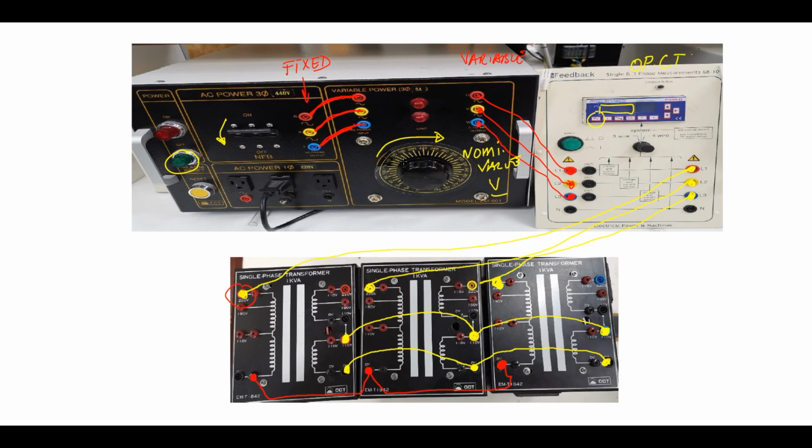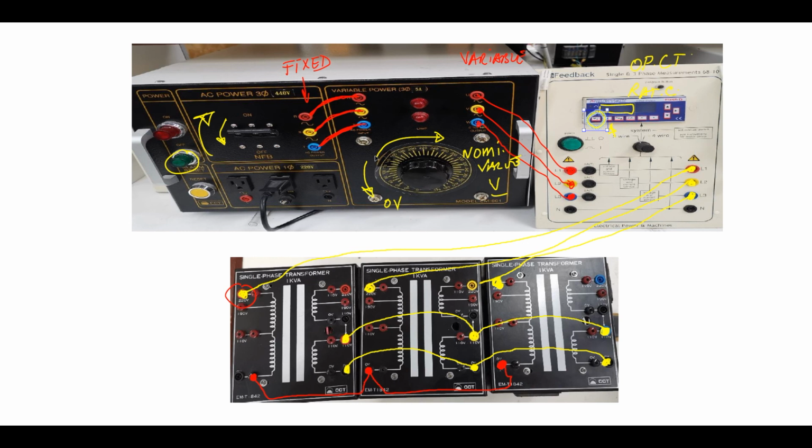Now, before we turn our circuit breaker on, we have to be sure that this one was returned to 0 position or 0 volt, and after that we activate the current, and we slowly turn this knob toward the rated current of the transformer. Once we reach that value, we stop and we record all the other parameters, because they are needed to calculate the parameters of the copper for this short circuit test.